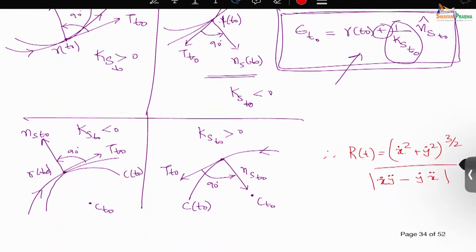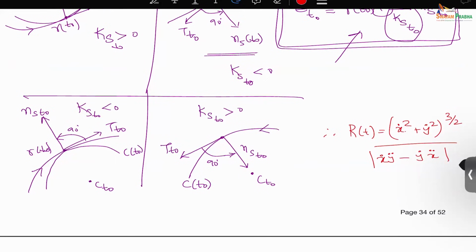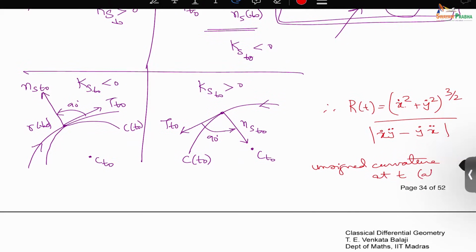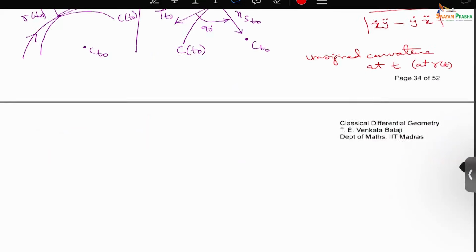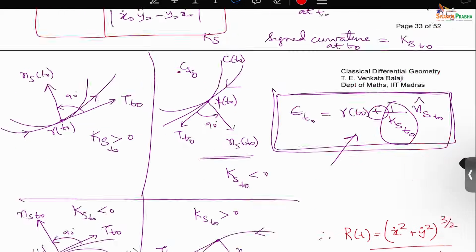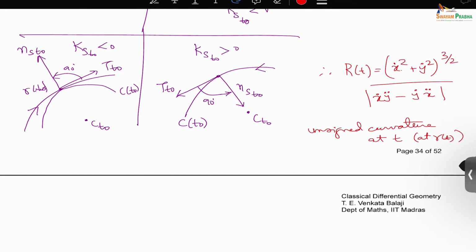All right, and if you want the magnitude of the curvature, the unsigned curvature at t, okay, at t means at gamma t. The unsigned curvature at gamma t is going to be the reciprocal of that. So kappa is the Greek letter that is used.